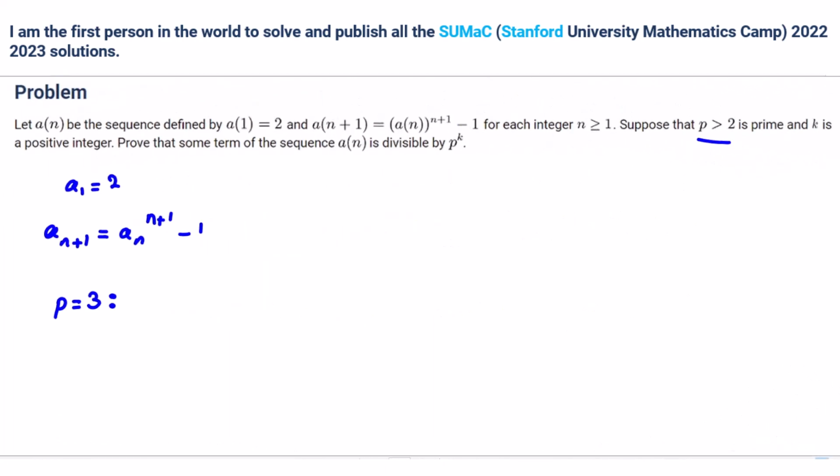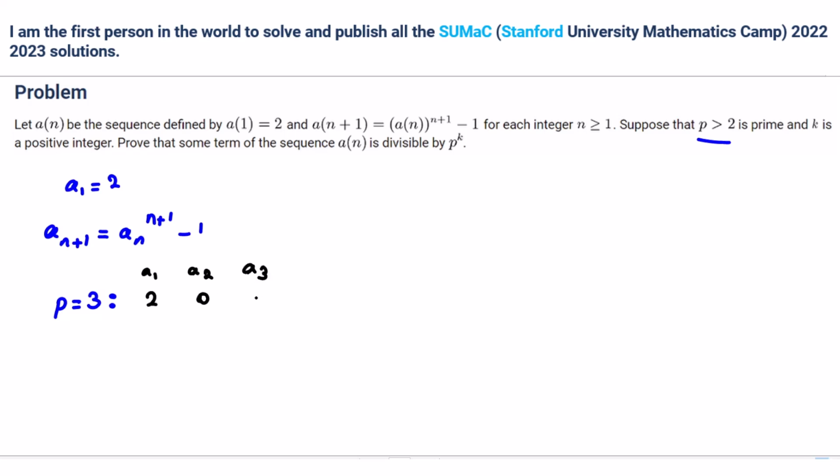What have you done for this part? I realized that it cycles mod 3, like 2, 0, 2, 0, 2, like that. I'm trying to use lifting the exponent, but you need a of n to equal 1 mod 3 to use that. So, A1, A2 is 2 squared, 4 minus 1, 0.